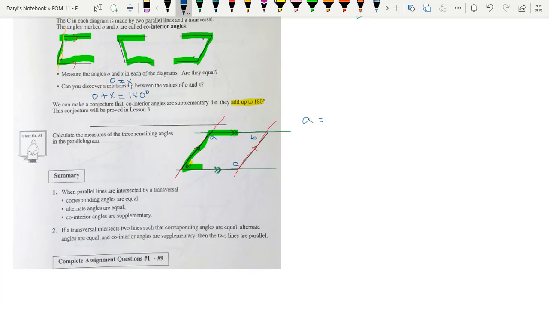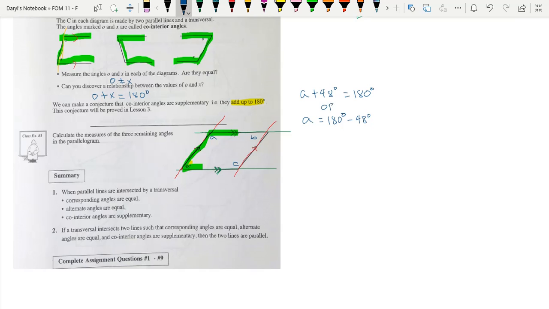That tells me that A is just 180 degrees minus 48 degrees, because that is coming from the fact that A plus 48 degrees will give me 180 degrees.